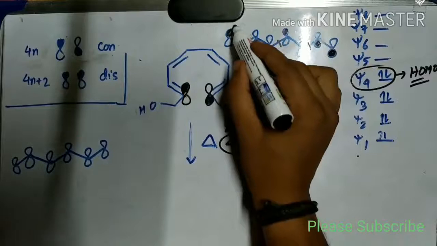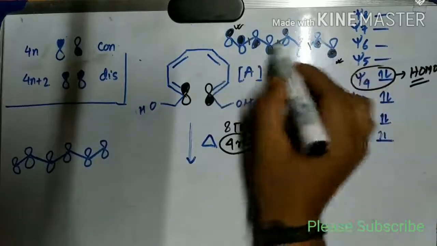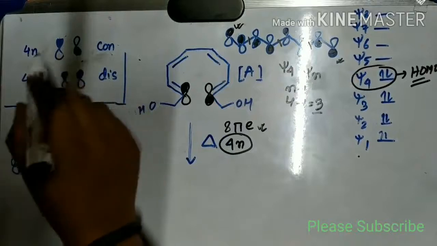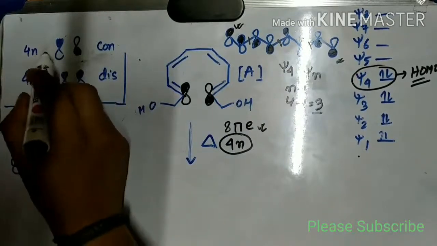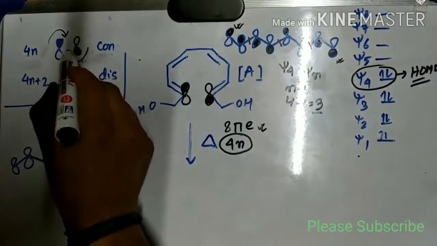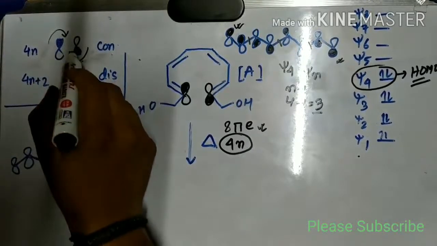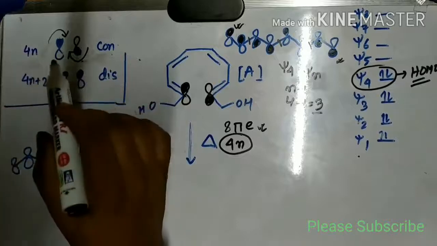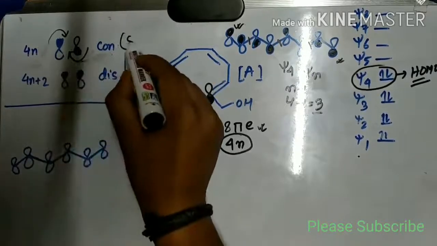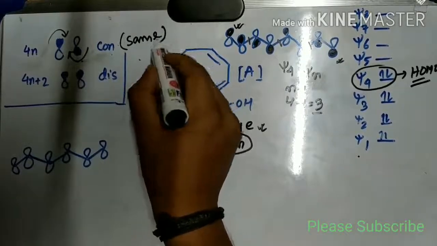You can see the terminal two lobes are in the opposite direction, and hence this is true. So we can follow this rule. For constructive overlap, this has to rotate clockwise and this also has to rotate clockwise. Both have to rotate clockwise, or both can rotate anti-clockwise. That means both orbitals should rotate in the same direction, and this is known as conrotation.